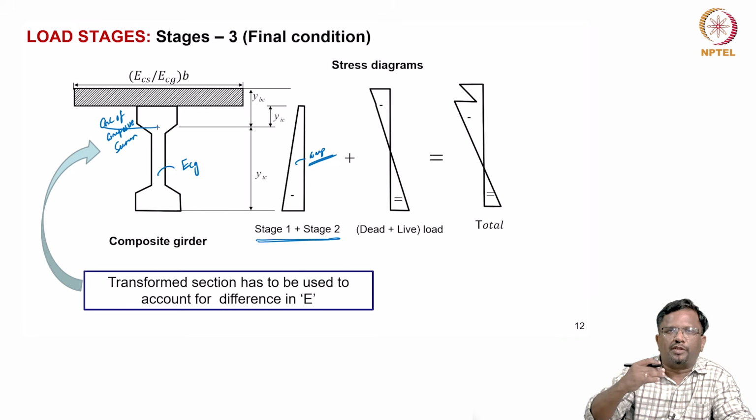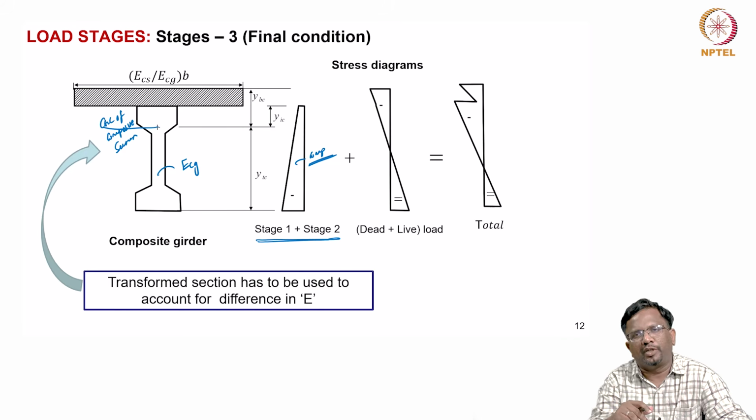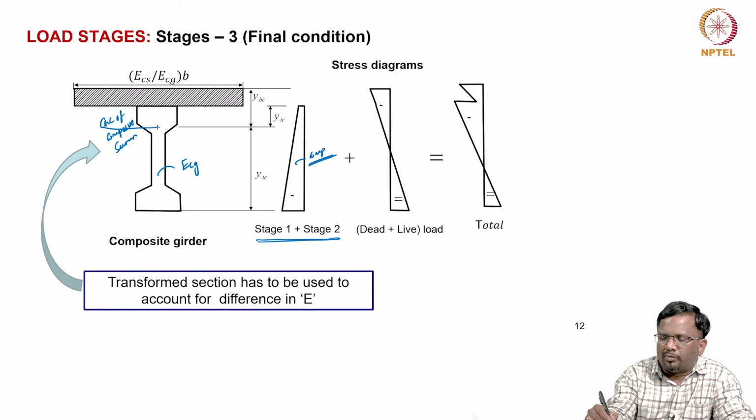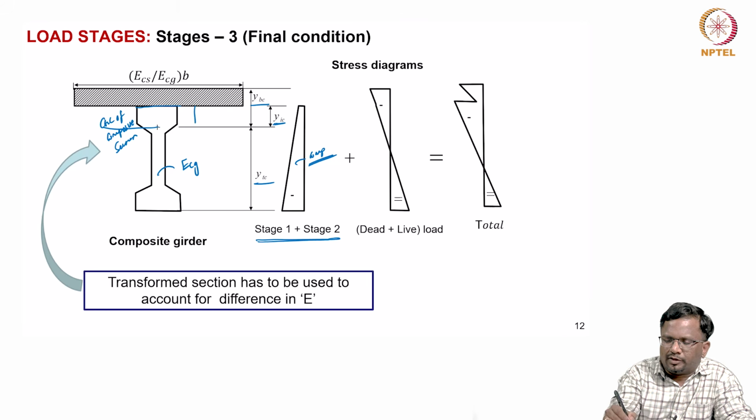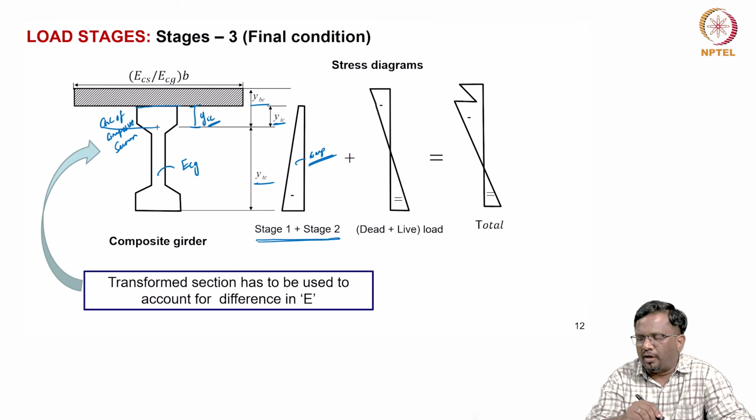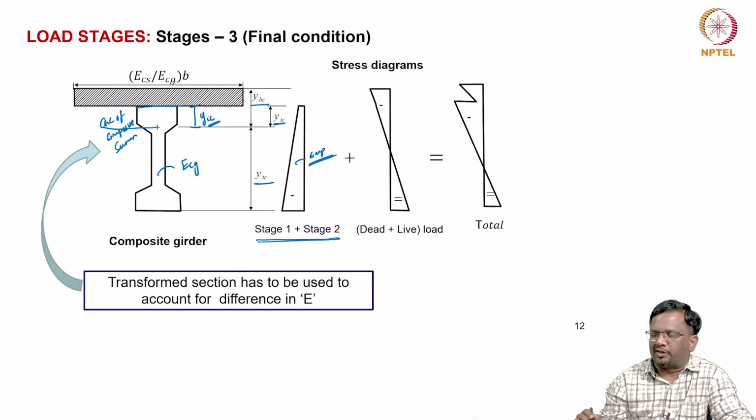The CGC will try to move up compared to the precast segment, and the top and bottom fibers are YTC and YBC, and the depth of the interface is typically denoted as YIC. Now, this is the service stage.